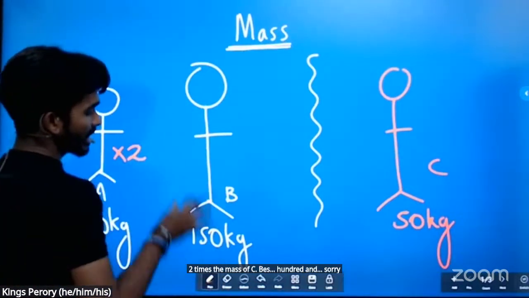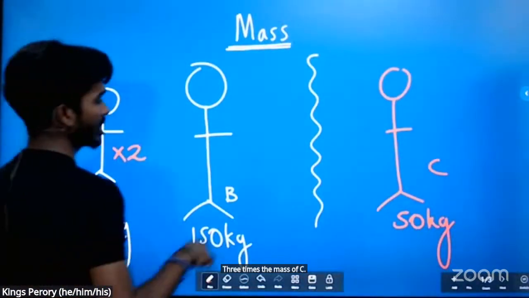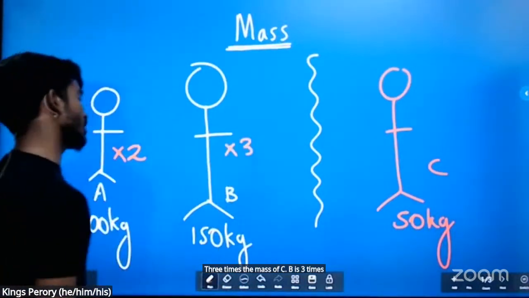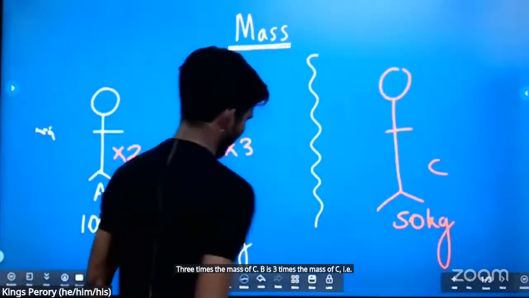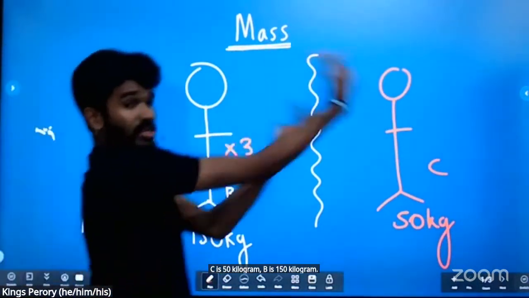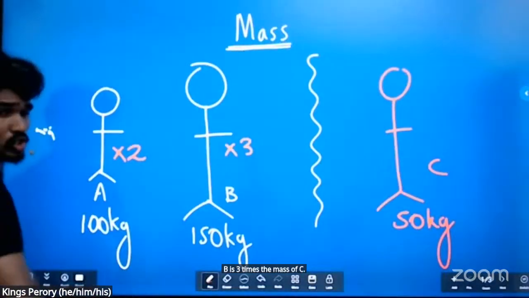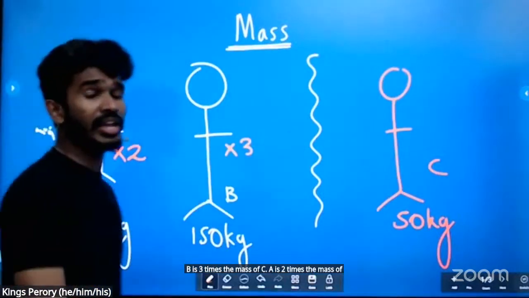B is 3 times the mass of C. C is 50 kilograms, B is 150 kilograms, so B is 3 times C. That way I can tell.